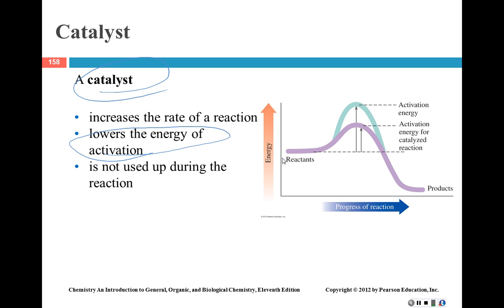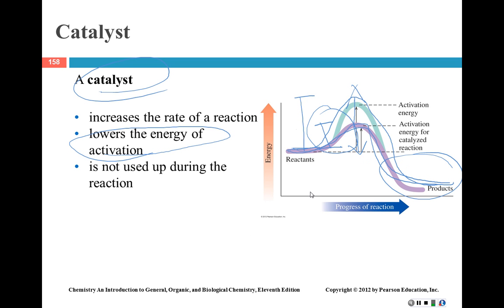So remember me talking about how in order for this reaction to go, it has to have a certain amount of energy to overcome this activation. Well, what a catalyst does is it literally lowers that, makes that hill shorter, okay, if you will. So instead of this much energy, you only have this much energy to overcome. And so that makes it a lot easier to make those products.